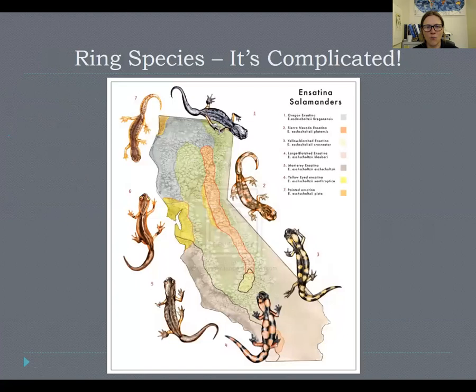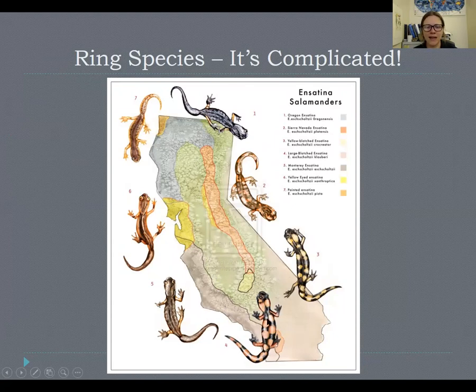And then to go back to the example of these soft barriers to gene flow across long ranges, there's something that's called a ring species, and we have this in the salamanders in California, these Ensatina salamanders. And what happens is these salamanders exist within the mountainous ranges of California, but not within the Central Valley.